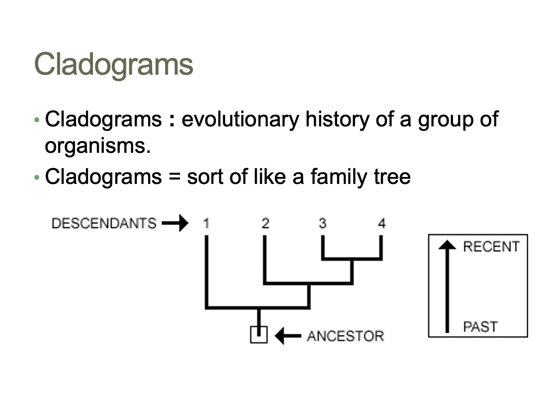When you look at this cladogram depicted here, the square represents the ancestor, and all the tips of these branches are descendants from this ancestor. Time goes from past to recent. This cladogram is sort of like a family tree, as you can see here.